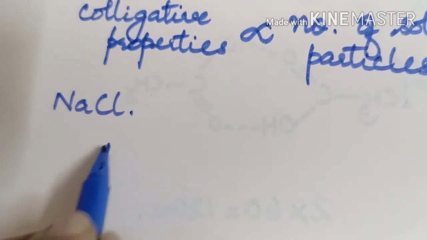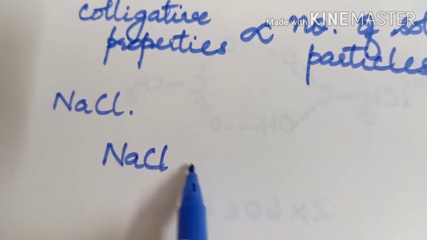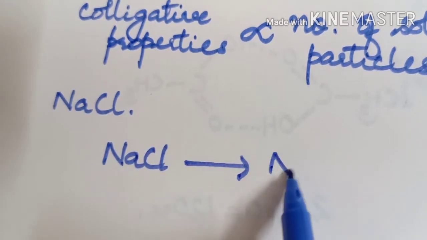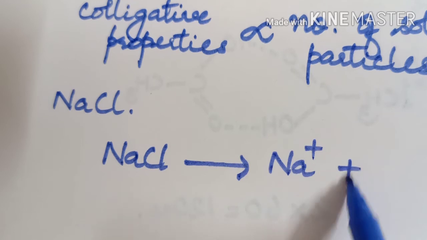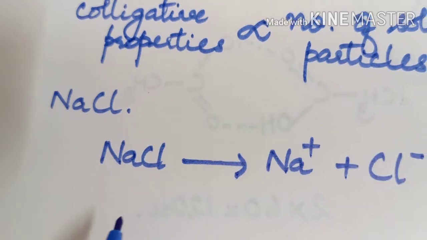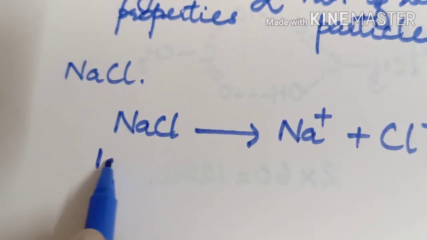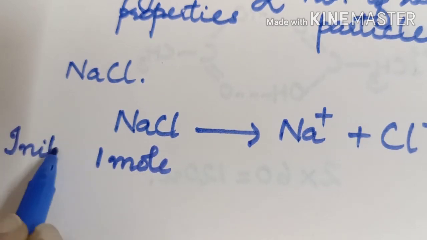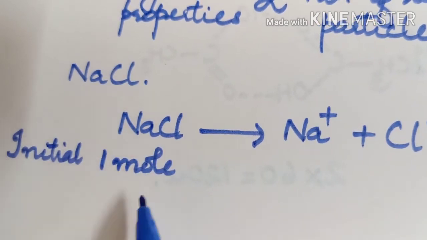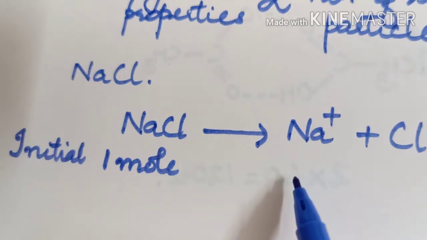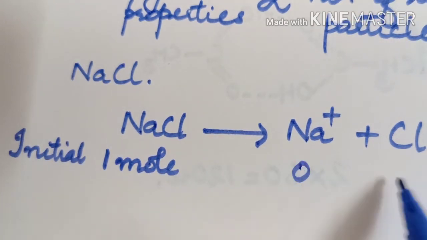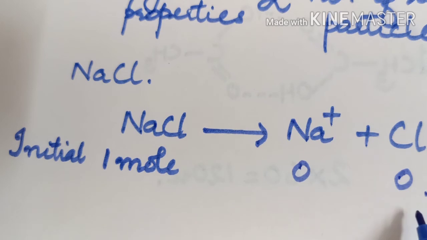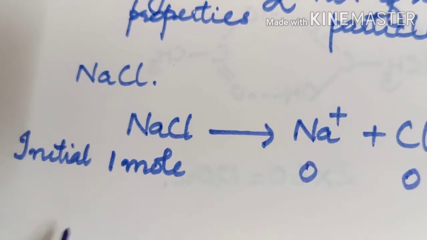You find sodium chloride will dissociate to form Na plus ions and Cl minus ions. So if initially we had 1 mole, you find that at the initial stage only sodium chloride is present. So sodium ions and chloride ions will be 0 at the beginning.